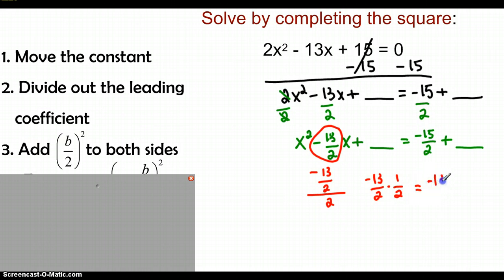So I've got negative 13 over 4, and now I want to square it because that's creating our constant in our perfect square trinomial. So we've got 169 over 16, and if I add it to one side, I need to add it to the other side.